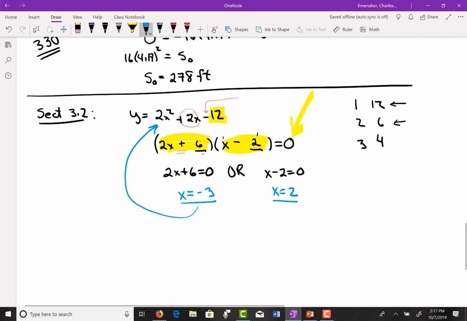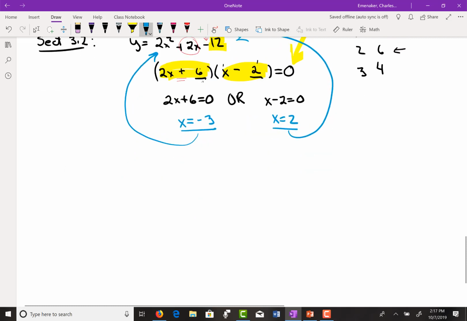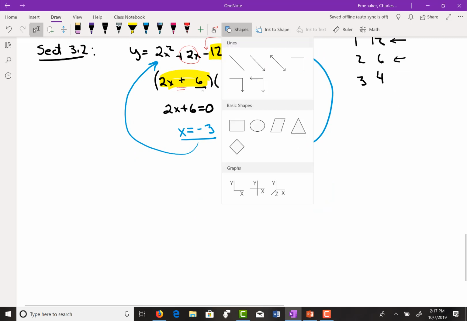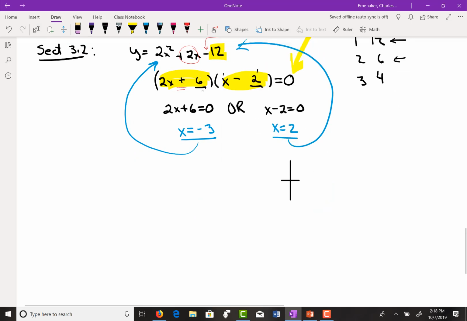If you plug this into that equation, what's going to come out? 0. And this actually gives you some idea of what's going on with the parabola. This gives you the information that you hit the x-axis at -3, and you intersect the x-axis at 2.